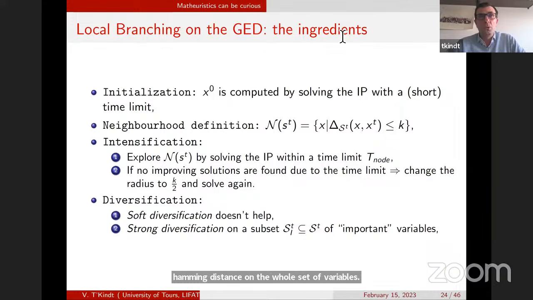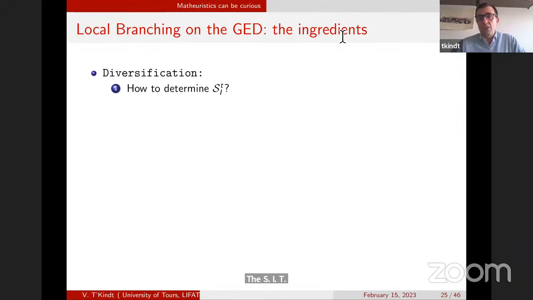But we were more focused on the subset that we called the subset of important variables, the set S_IT. How to determine these important variables?